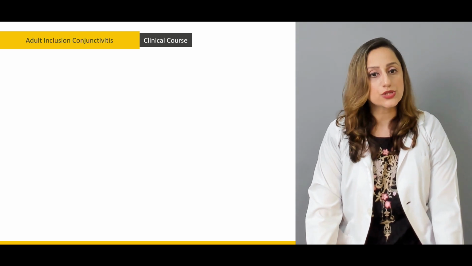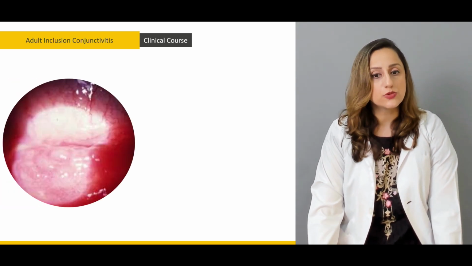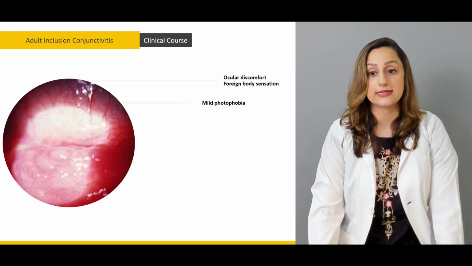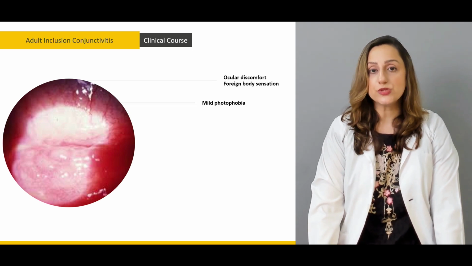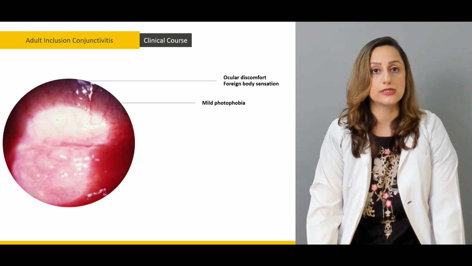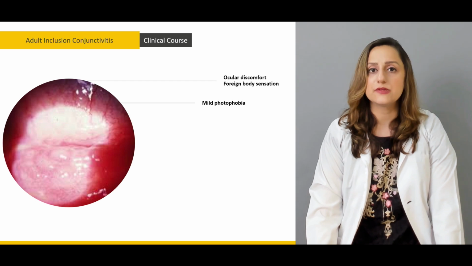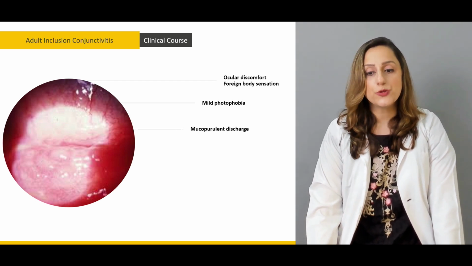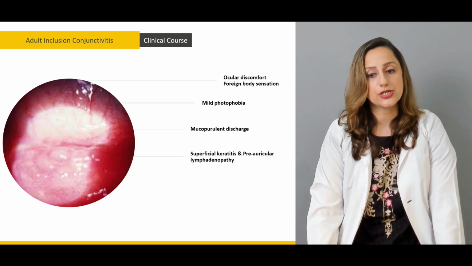The clinical course of adult inclusion conjunctivitis: it is ocular discomfort or a foreign body sensation. Then the patient would complain of discomfort in sunlight or exposure to light, that is, a mild photophobia is also experienced. There would be a mucopurulent discharge in these patients.